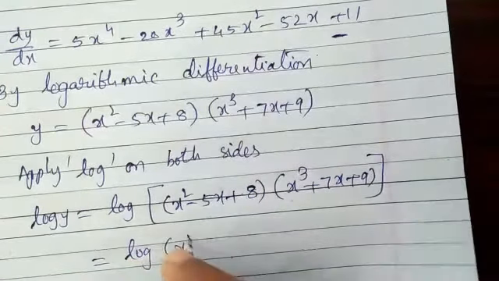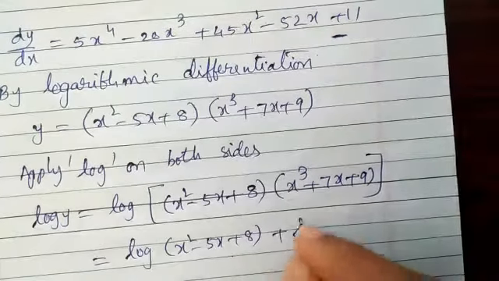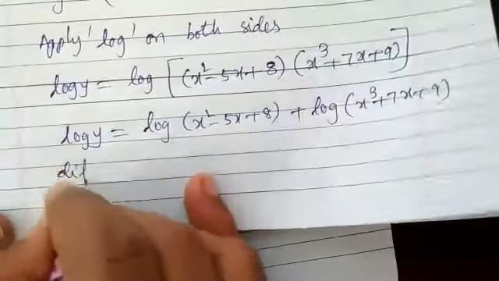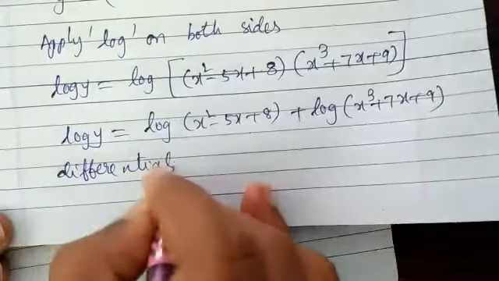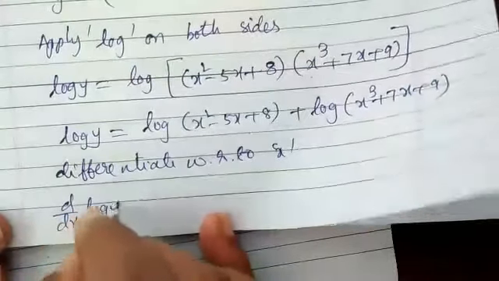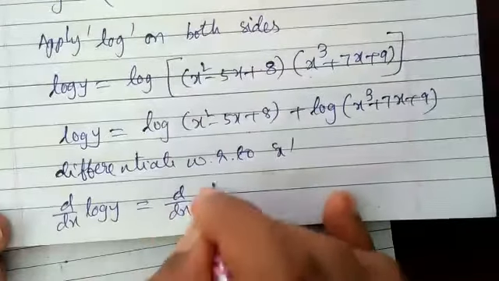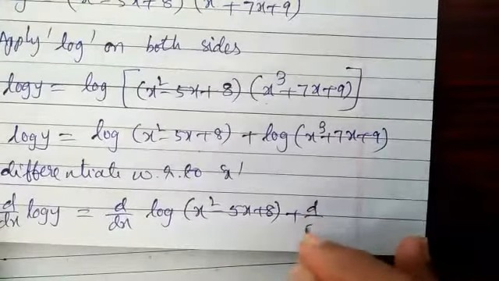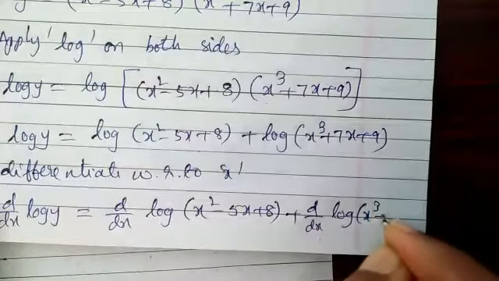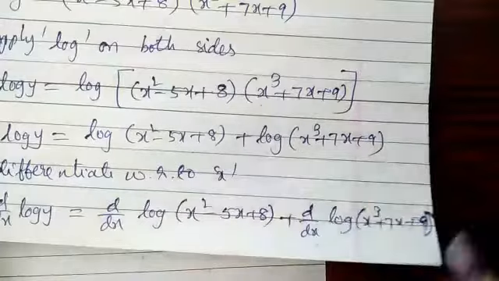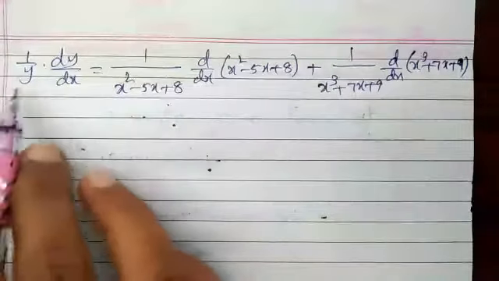Log of AB means log A plus log B. Differentiate with respect to x. d by dx of log y is equal to d by dx of log x square minus 5x plus 8 plus d by dx of log x cube plus 7x plus 9. 1 by y.